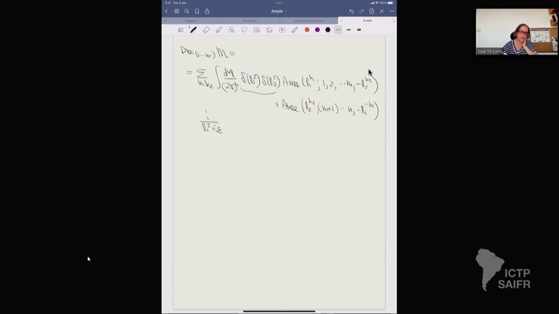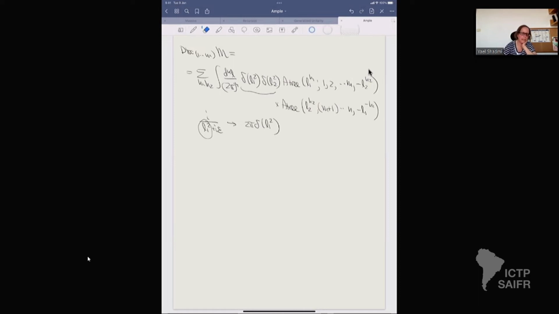Where does its imaginary part come from? Where does it lead to a discontinuity? It leads to a discontinuity when L1 squared goes to 0, and then it's of the form 2 pi delta(L1 squared).